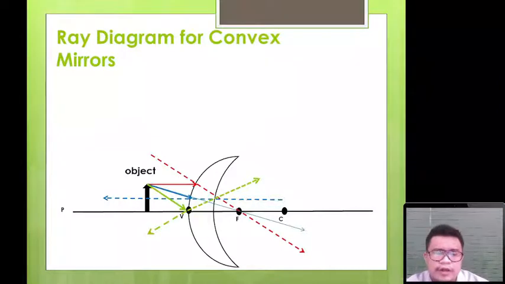It's because relative to the position of the object, it's located above the principal axis, right? And we can also see that the reflected rays depicted by the dashed lines are also happening above the principal axis. So that's why we draw an upward arrow, and that is now where the image is formed.